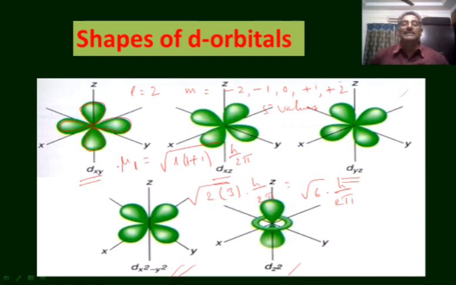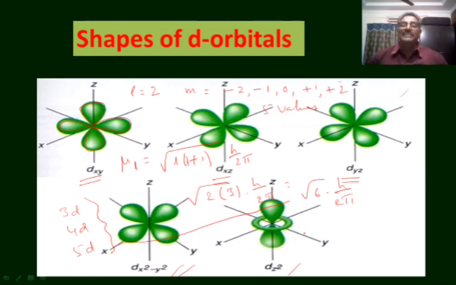That is, the d orbital present in the third main energy level, or the fourth main energy level, or the fifth main energy level, and so on. For the 3d orbital or 4d orbital or 5d orbital, or for any d orbital, the angular momentum is square root of 6 into h by 2 pi.